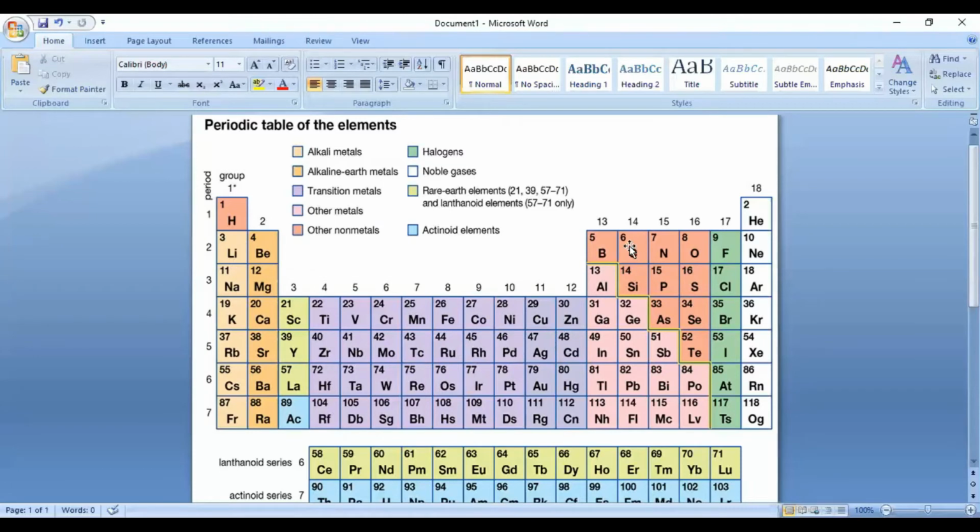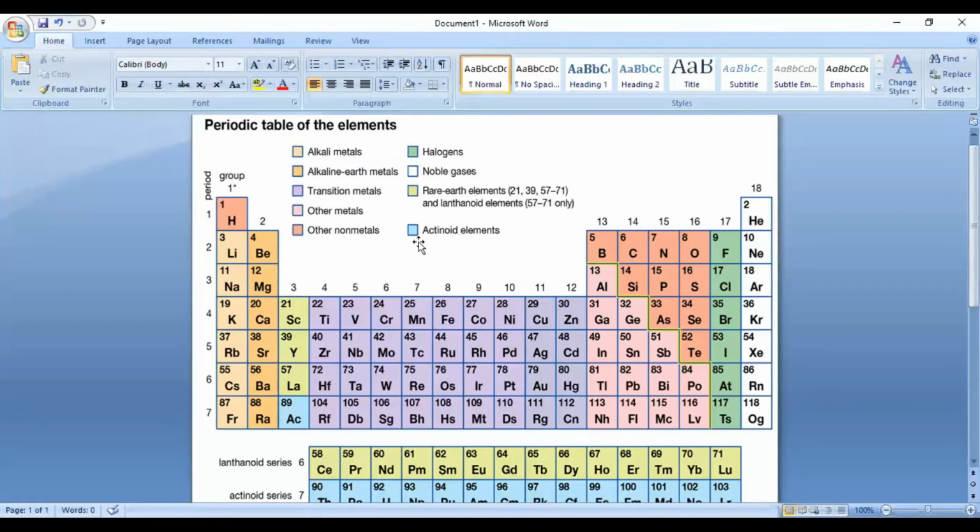Now, coming to the 13th group, those are the other metals, which are metals but are not included in the transition metals. So those are boron, aluminium. Sorry, not boron.